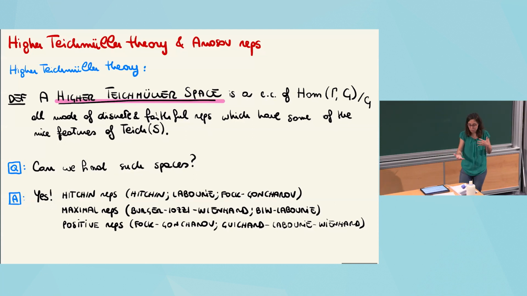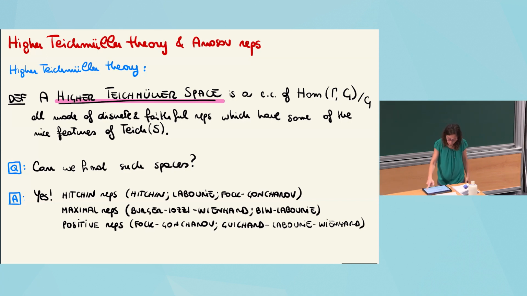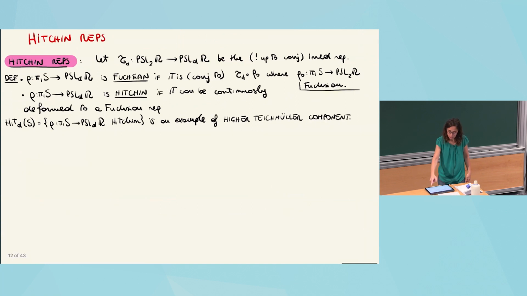Maximal representations were studied by Burger, Iozzi, Wienhard, Burger, Iozzi, Labourie, and Wienhard, and then positive representations, and now Theta-positive representations. So there are many examples.